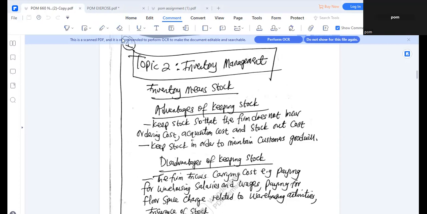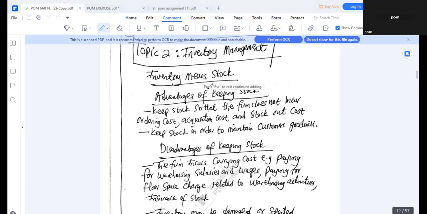So we have to look at what are the advantages of keeping stock. Before answering the question, we are supposed first of all to look at inventory. Inventory means stock, so we look at now the advantages of keeping stock.